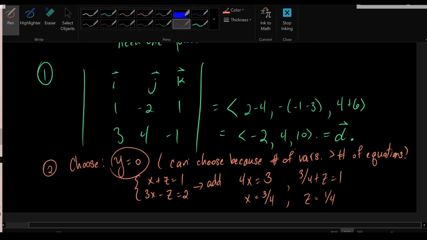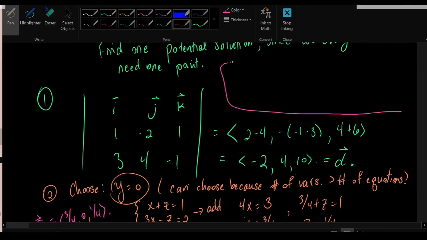So that gives us one potential choice of r0, which points to the location where x is 3 over 4, y is 0, and z is 1 over 4. Now there are an infinitude of other possible choices for r0, depending on how you decide to solve your equation. Maybe instead of choosing y equals 0, you choose to set y equals 1, or x equals 0, or z equals 0. So I'm a little bit short on space now.